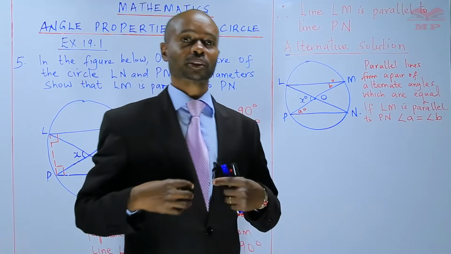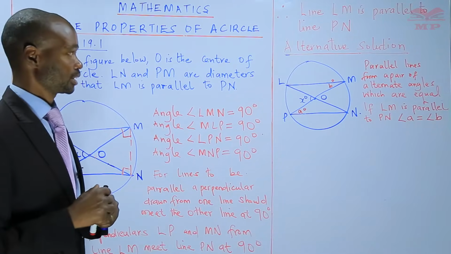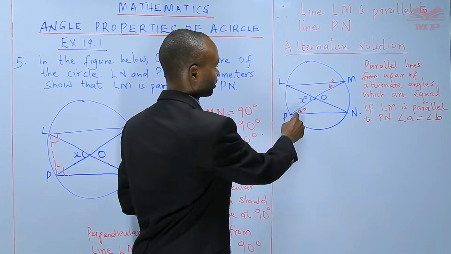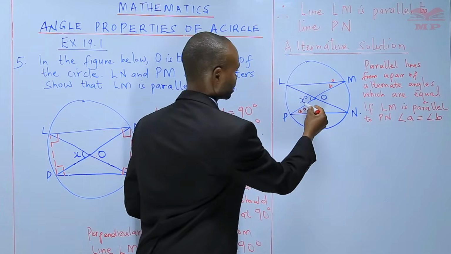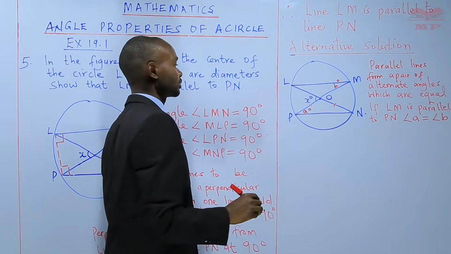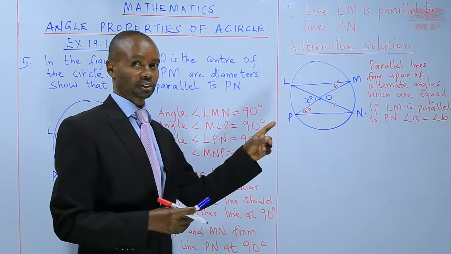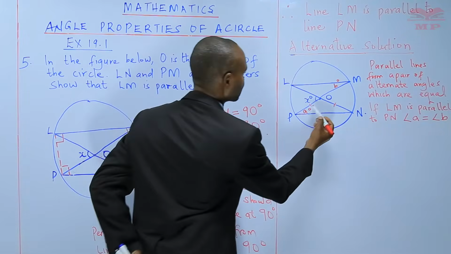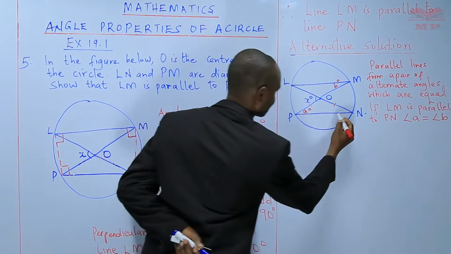So let's go to finding the value of angle A. So we go back to the diagram. That is a straight line. This is angle A. It is arising from an isosceles triangle. In an isosceles triangle, we have a pair of equal angles. So if we have OPN as A, we shall have ONP as A degrees.